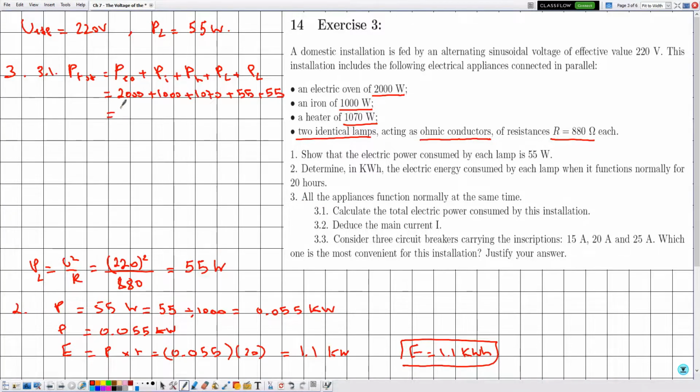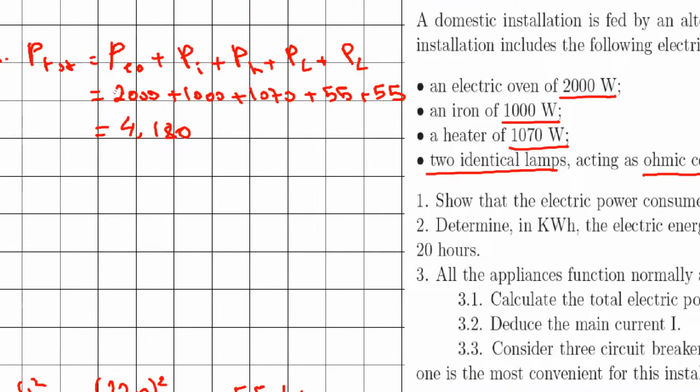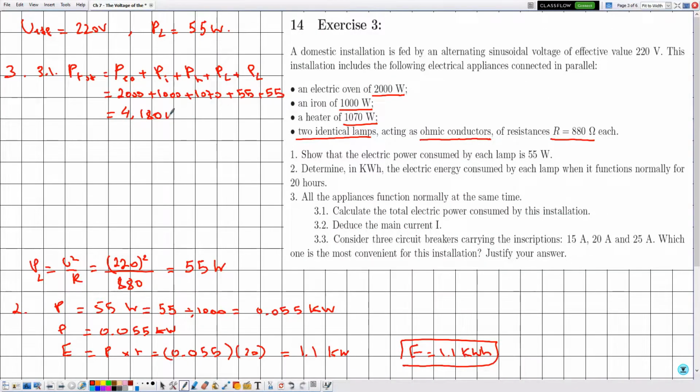Now the sum of these numbers is 4180, and because all of them are expressed in watts, this is watts. So P total is equal to 4180 watts.